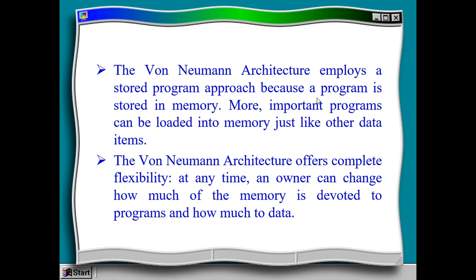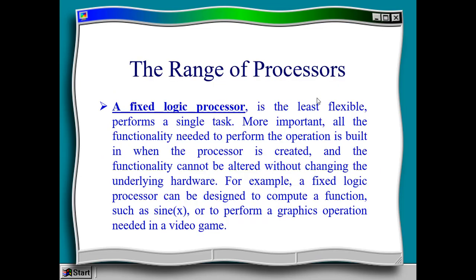So we go straight to the range of processors. Processors vary based on their functionalities and have many variations depending on the work they do. The first one is called the fixed logic processor, which is the least flexible and performs a single task.